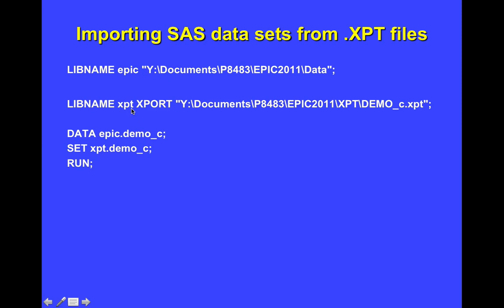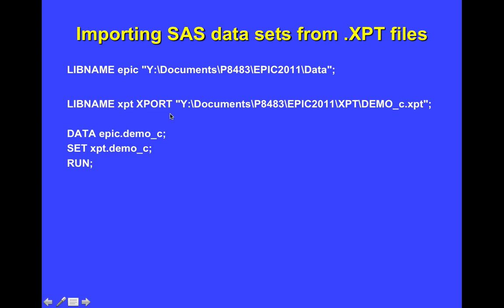I chose XPT for lack of creativity. And SAS will know that when the XPT libref is specified, it should go to this file location and this specific export file. So that's a difference from the libname statements we've seen previously where we only point to file folders. Now we're pointing to a specific file in a specific location.